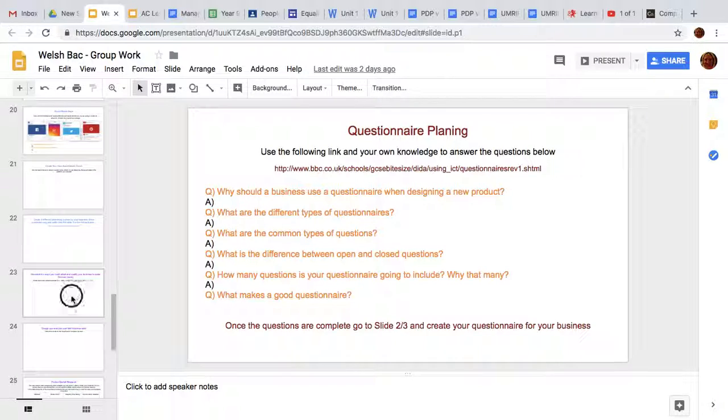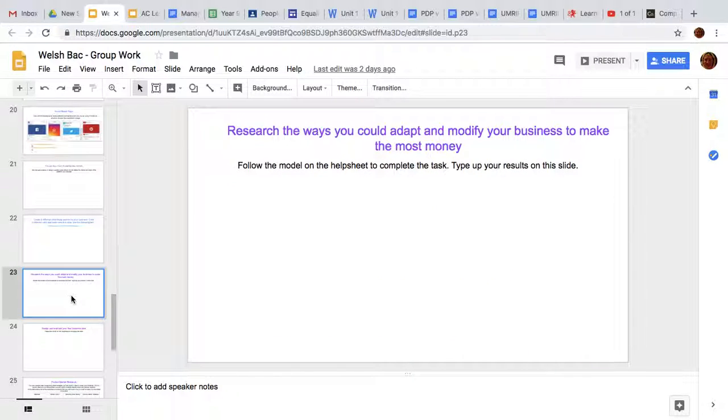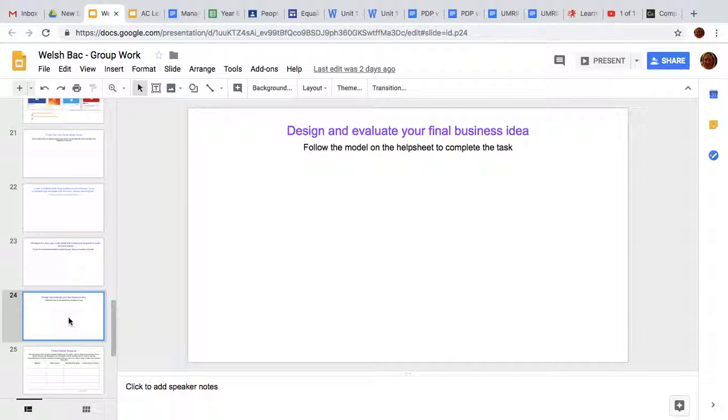They'll be looking at different ways that they can adapt the business to make more money, and designing the actual final idea. I've suggested that they might want to draw pictures or do spider diagrams, and if they prefer to work on paper and then upload a picture, they can do that. I suggested a picture of their product in the middle, with lines coming out displaying all the features, maybe the timetable of events and all of the extra added bits that are going to be on it. Fab.